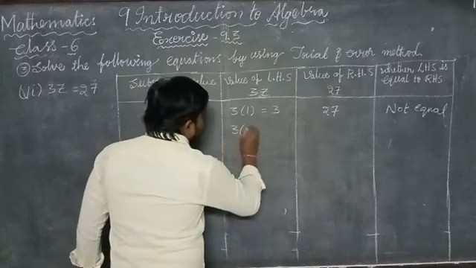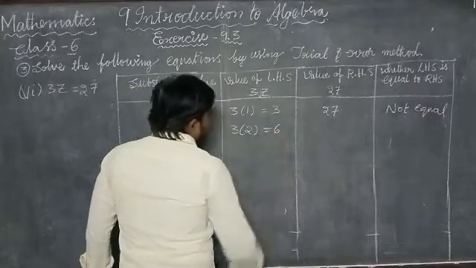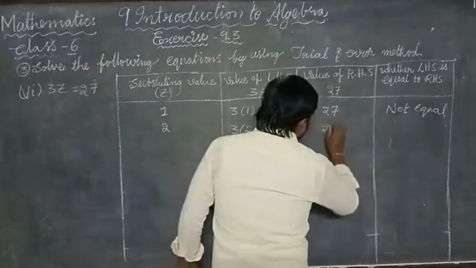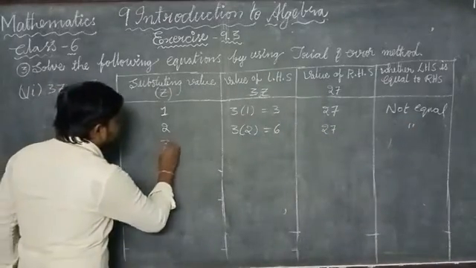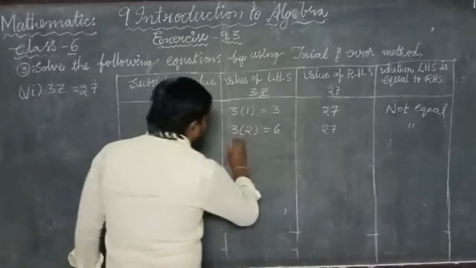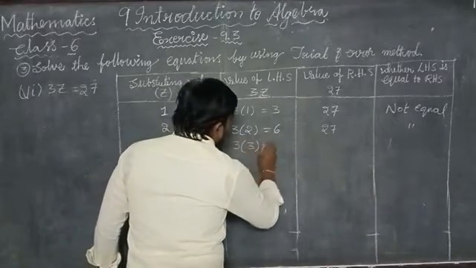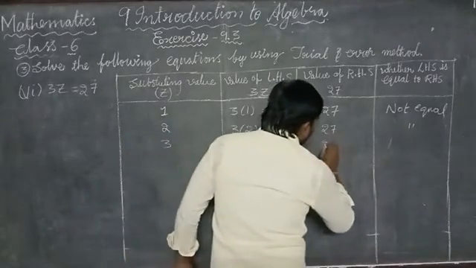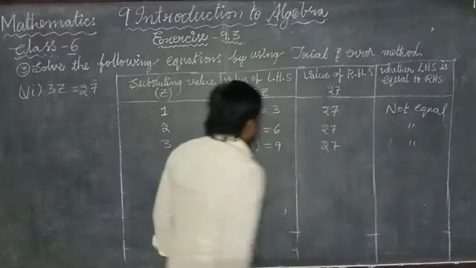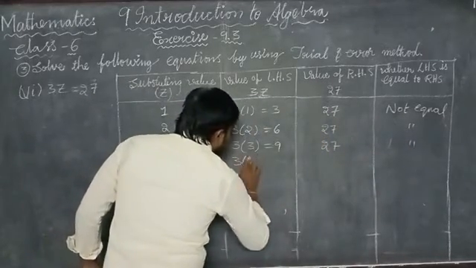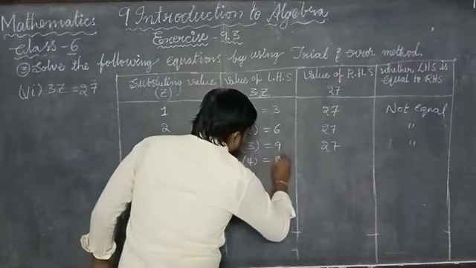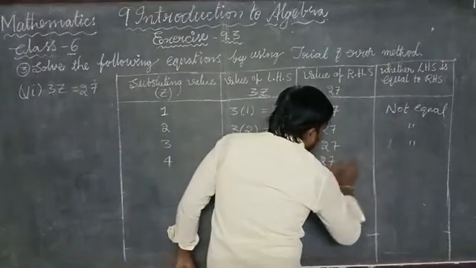Then 3 into 2 equals 6, not equal to 27. If z equals 3, then 3 into 3 is 9, also not equal. Now 4, 3 into 4 is 12, also not equal.